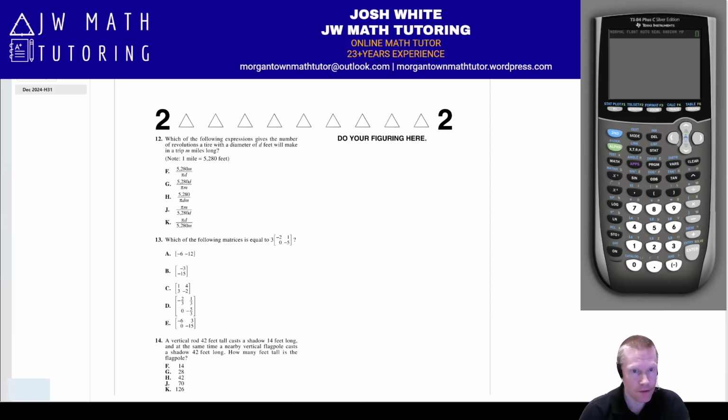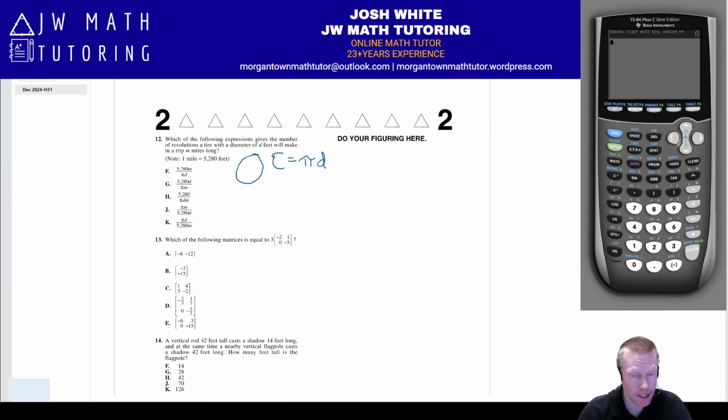So if you start off, you think about a tire, right? And the tire being rotated or going through a revolution, we're dealing with its circumference, which is just equal to pi times d, d being its diameter. Now we have to note that this is in feet, and we want the answer to be in miles.